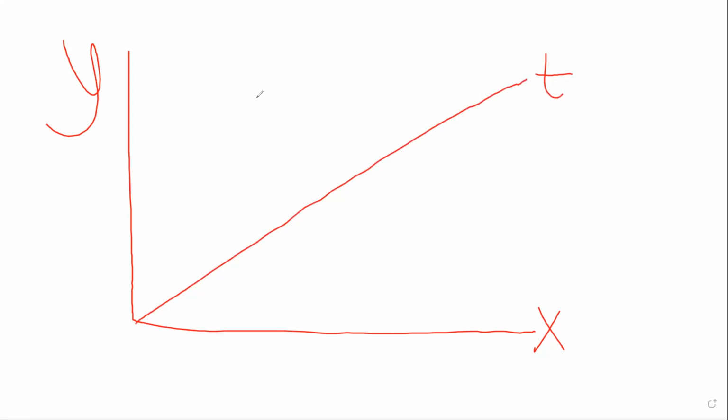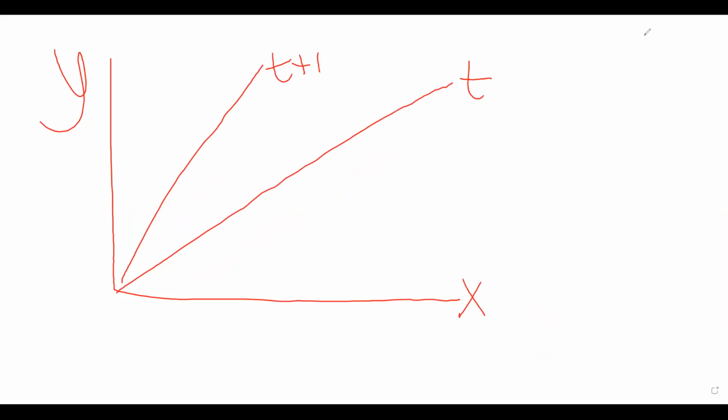Let's call this T. And then variable returns is another graph, which we call T plus 1. Guys, do you see it? Yes, sir. All right. Now pay attention, I beg you. This is the constant returns graph, CRS.